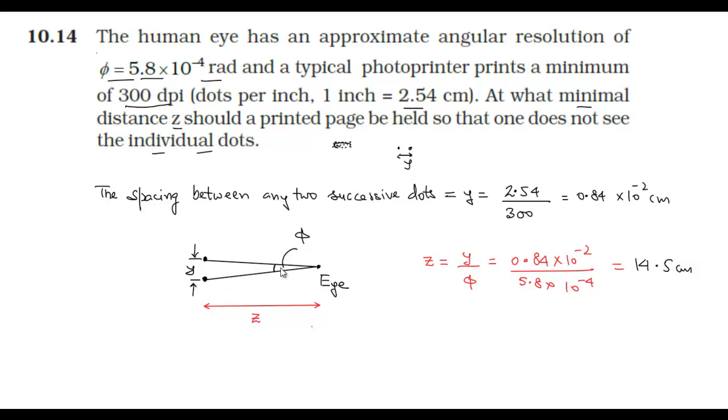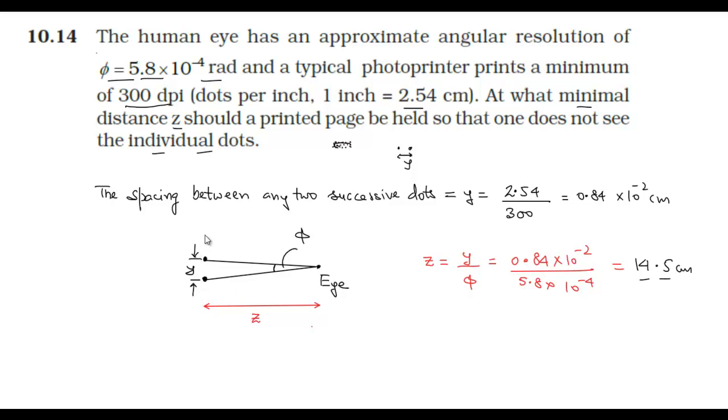So it's simple: this angle phi is equal to y by z, or you can write z is equal to y by phi. So y we have already calculated, phi is given. So from here we find that the distance is 14.5 centimeter.